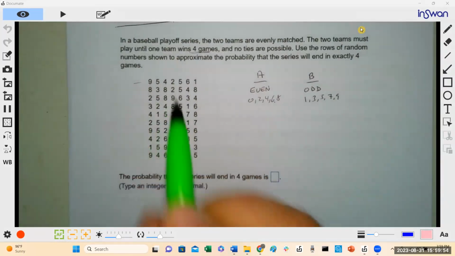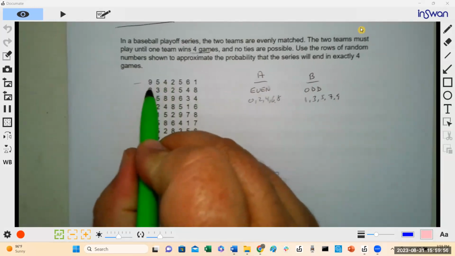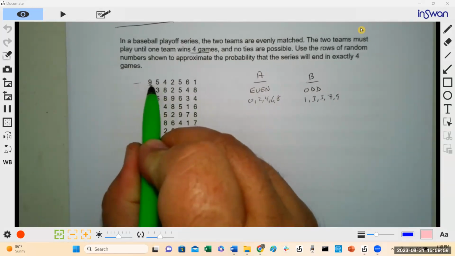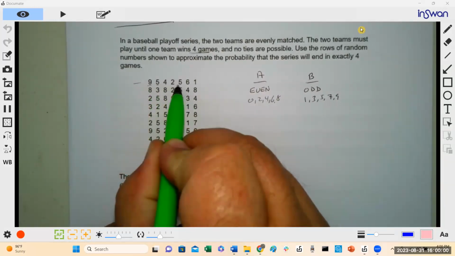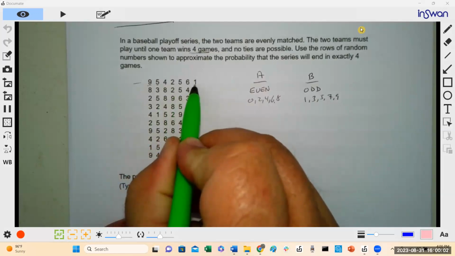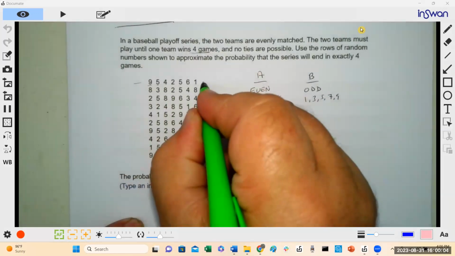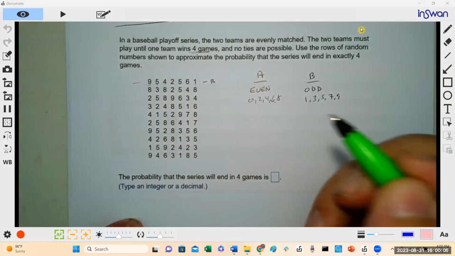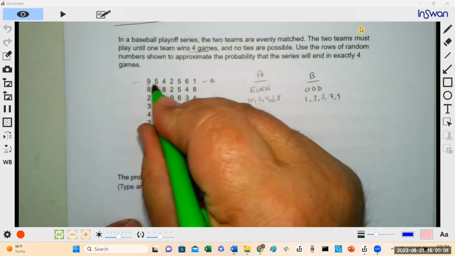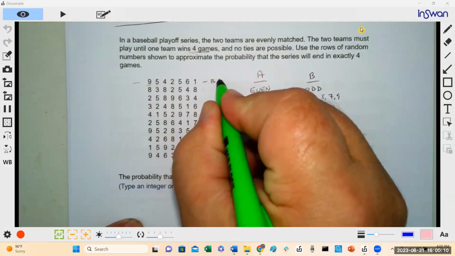So in this first one, let's look at the odds. 1, 2, 3, 4 odds. So Team B wins the first one in 7 games.